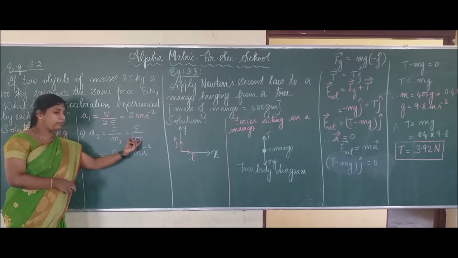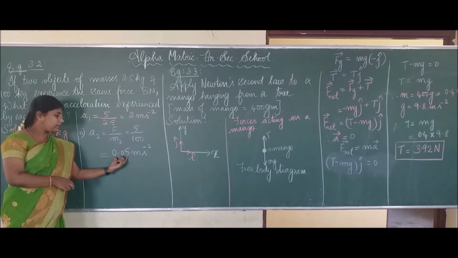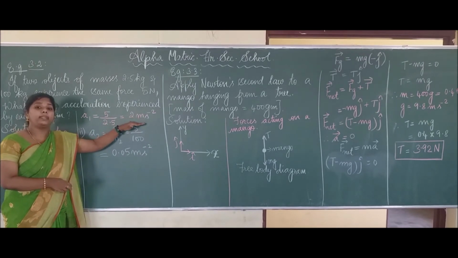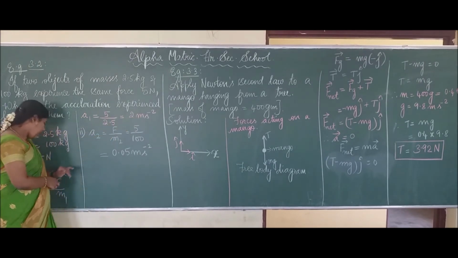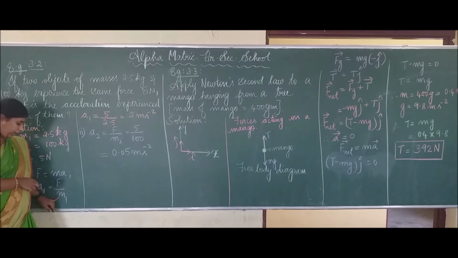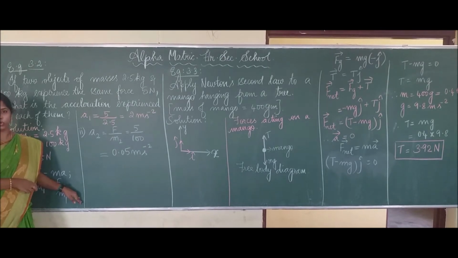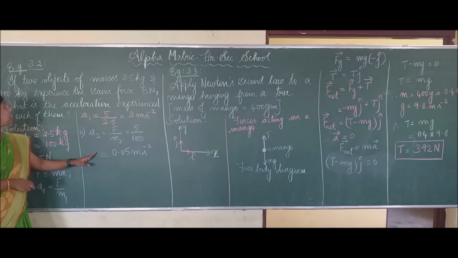So for the heavier mass we get lesser acceleration, and for the lighter mass we get greater acceleration, because a equals F by m. Mass and acceleration are inversely proportional to each other. Whenever acceleration is greater, the mass will be small. That is problem 3.2.